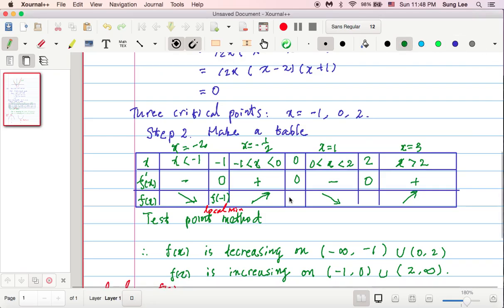Okay, and that's f of 0, right? And this is f of 2. F of 0 is going to be increasing, decreasing, right? So that's going to be a local maximum. And f of 2, decreasing, increasing, so that's going to be a local minimum again. So there is only one local maximum.